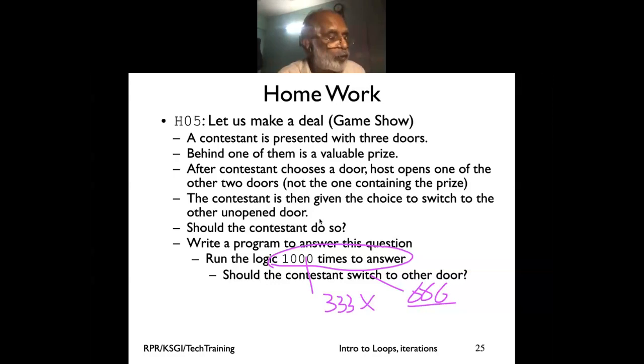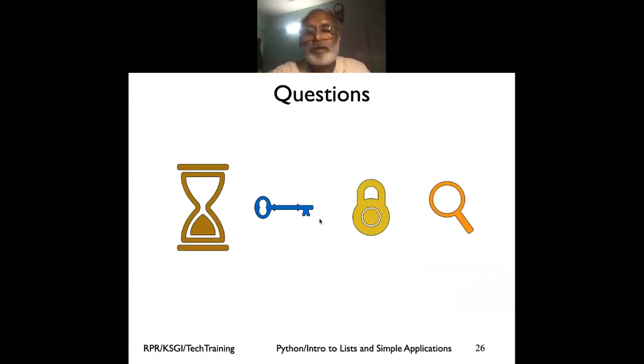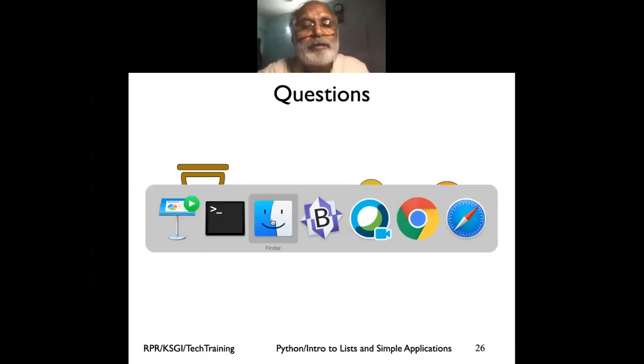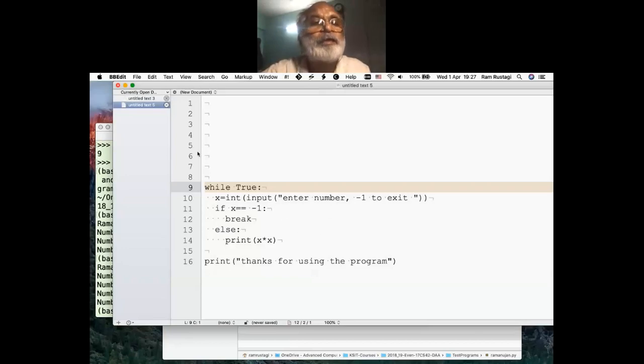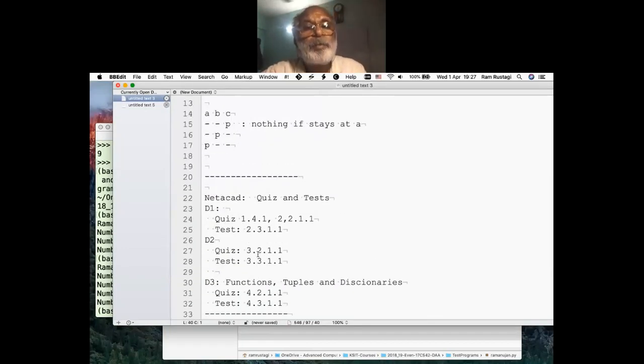That's all for today. Anything else? I'm done. Only thing else I would say is on the Cisco Net Academy, please go through module 1 and run a quiz of 1.4.1 and 2.2.1.1.